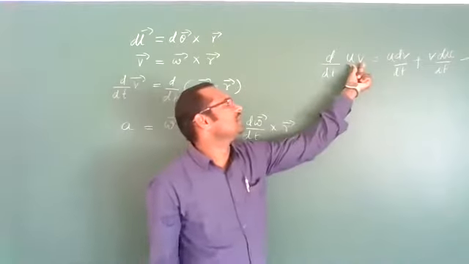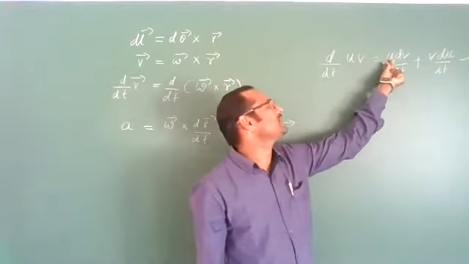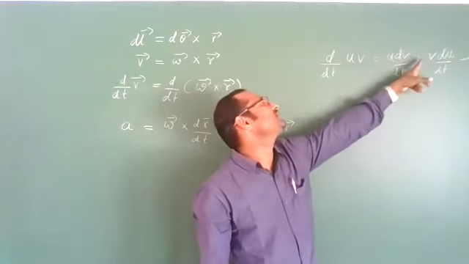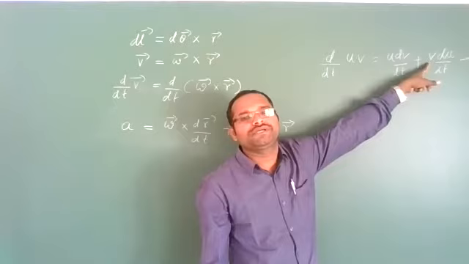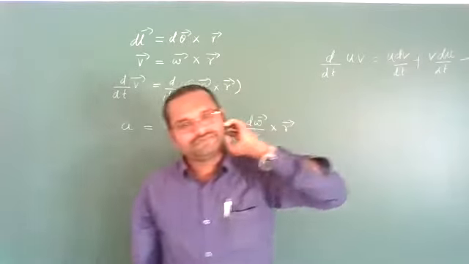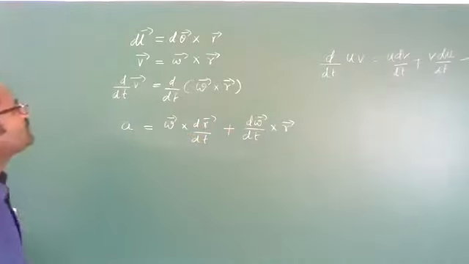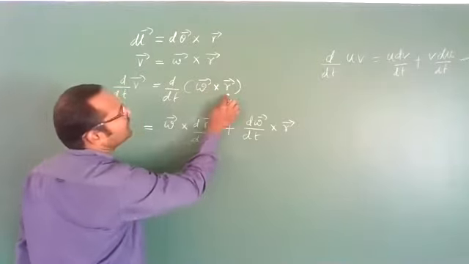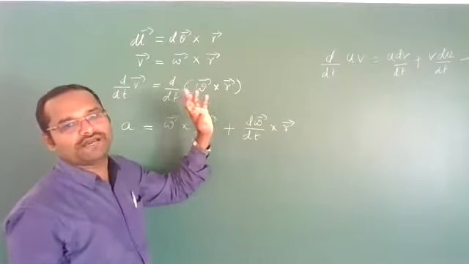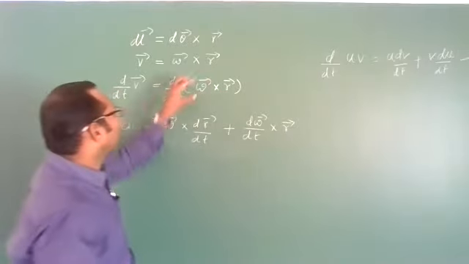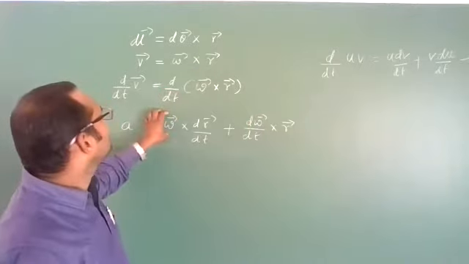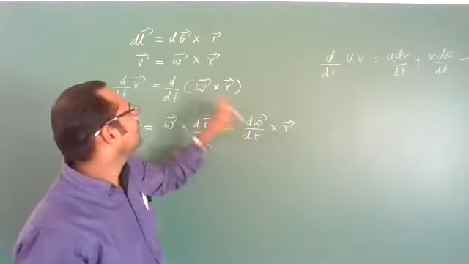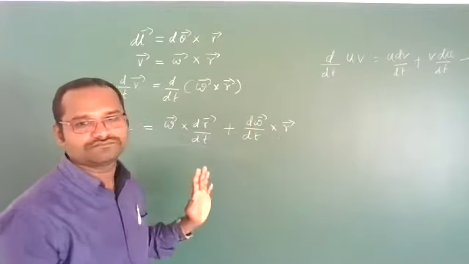When there is a multiplication, first consider one thing constant and differentiate the other, plus consider the second constant and differentiate the first. Because this is a cross product, the order should not change. You should not write r first and omega second. So first I take omega constant and differentiate r, plus I take r constant and differentiate omega.